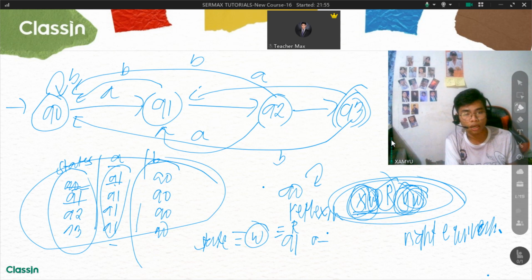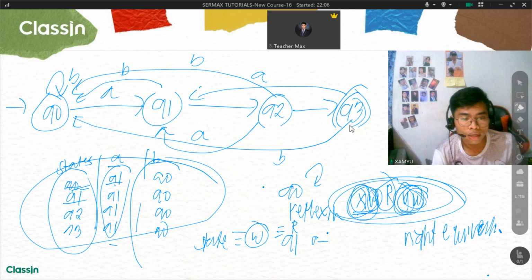Those are the implementations that we ran through. So hopefully everything is clear right now. And in our next video, we will deal with the pumping lemma already. Okay, so see you there.